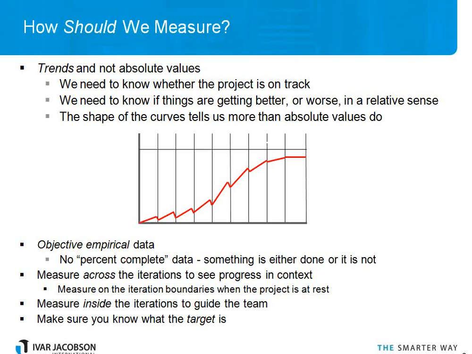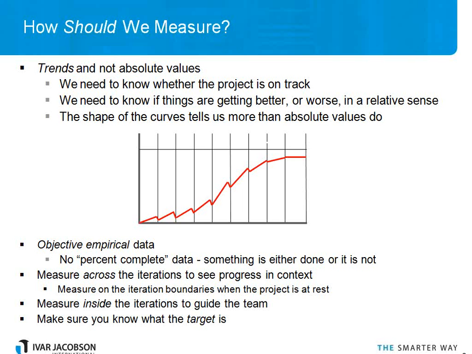So if we can gather information each iteration on progress, for example, we can extrapolate based on our understanding of what's going on and work out whether we're going to meet our targets or not. So trends and targets are very important for the things that we're going to measure.